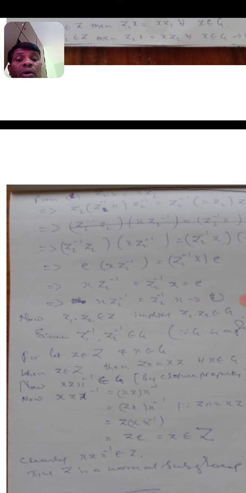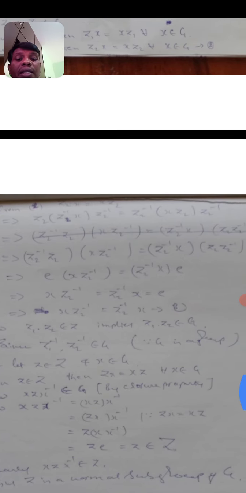From equation 2, z2 x is equal to x z2. Multiplying both sides by z2 inverse, z2 inverse z2 x z2 inverse is equal to z2 inverse x z2 z2 inverse.